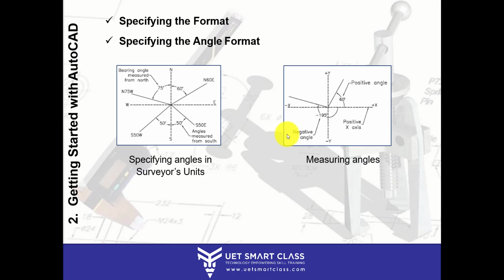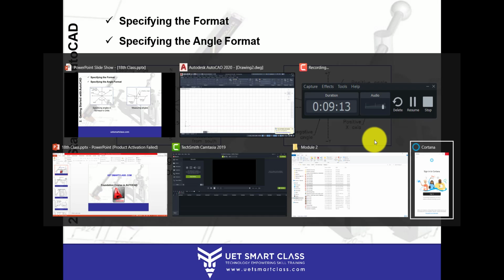And we have already studied how we measure angles counterclockwise, starting from the positive X. So this is the positive angle. When you go towards the other side, that will be the negative angle. Alright, we have already discussed this. Now, there is one more thing.